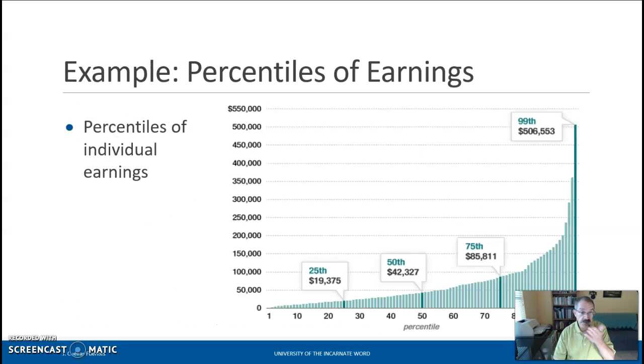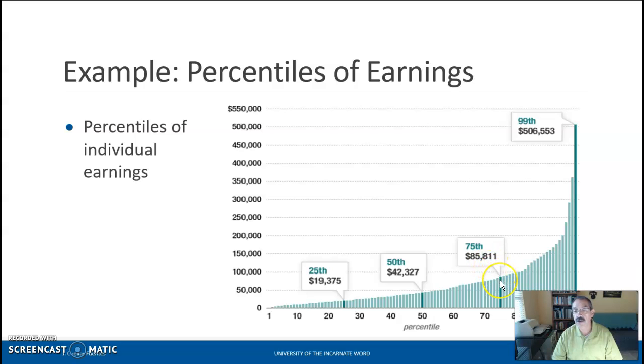All right, here's another example in terms of individual earnings in the U.S. You can see that the 25th percentile of earnings is 19,375. That means that 25% of the population or less earns 19,375. The 50th percentile is 42,317. So you know that 50% of the population earns this amount or less, and the other 50% earns more. The 75th percentile is 85,811.